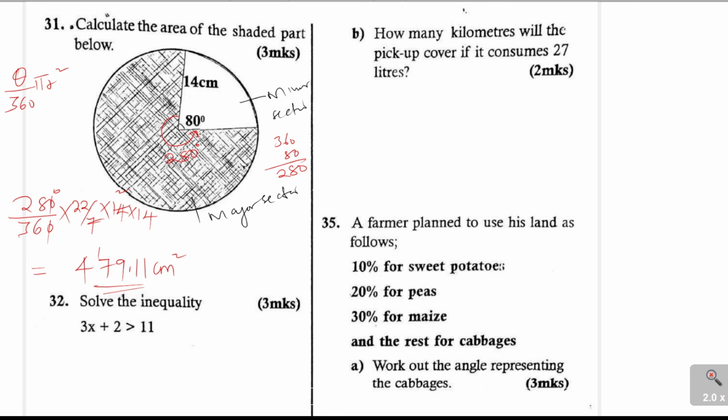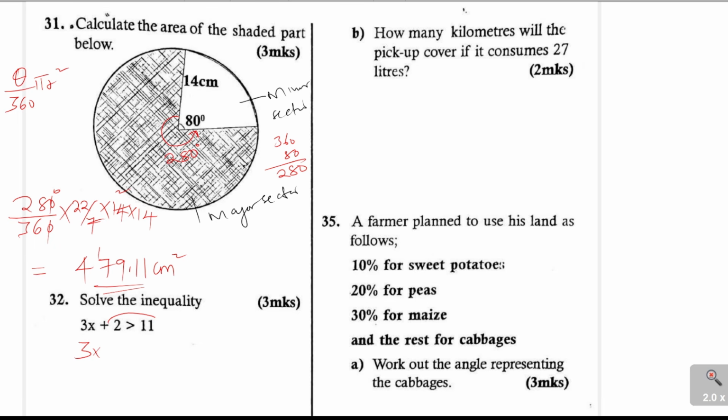Solve this inequality: 3x plus 2 is greater than 11. Because you are solving for x, you can take positive 2 to the right hand side so that you get 11 subtract 2.